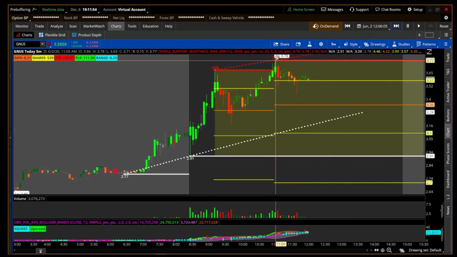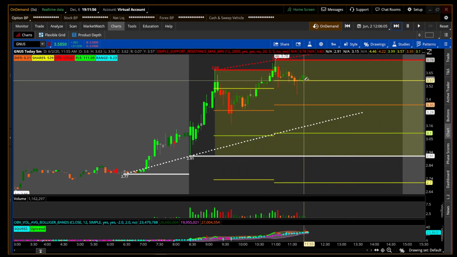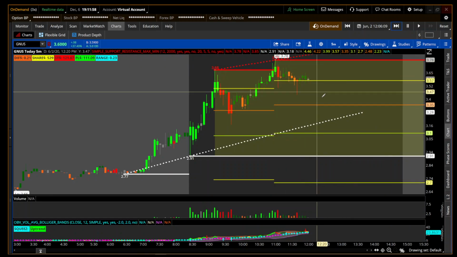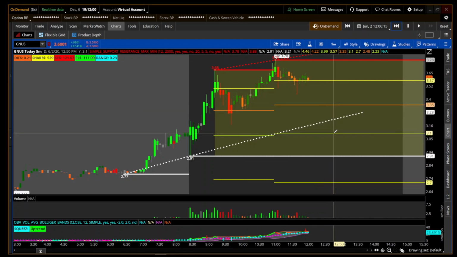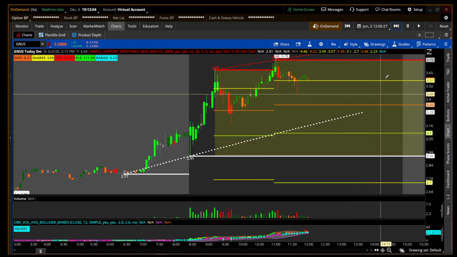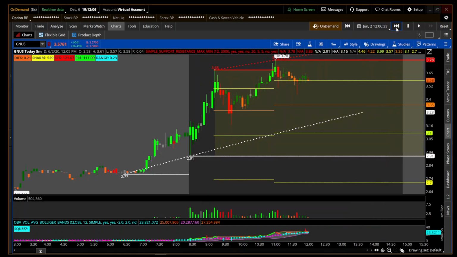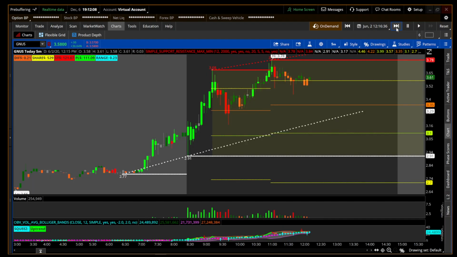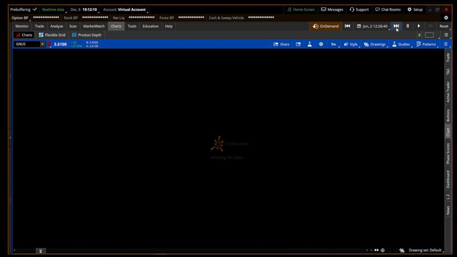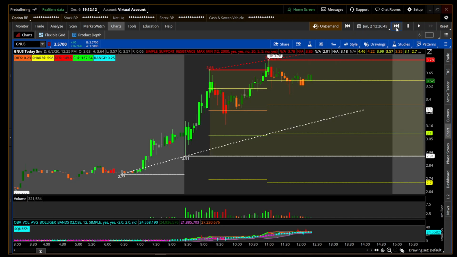Got a new pivot high, so you got a new fib level for your 78.6, your 50, and your 38.2. And it's working as support.